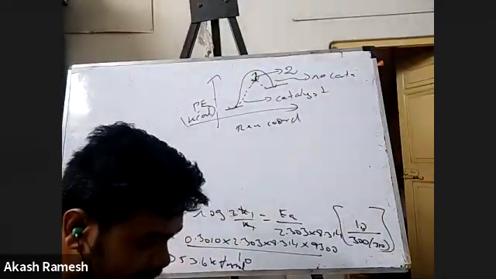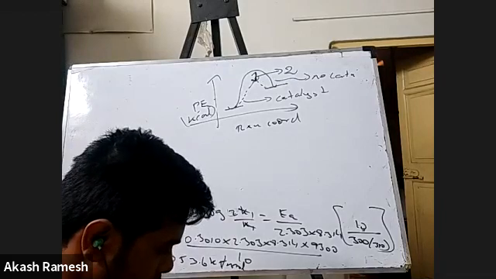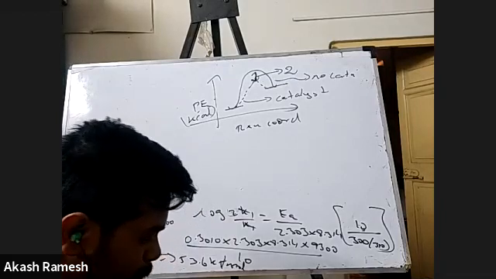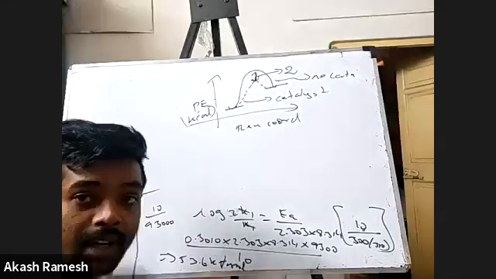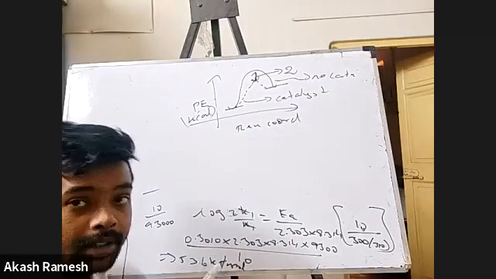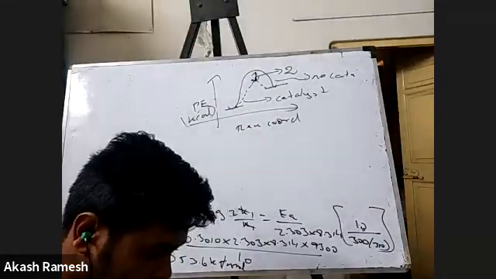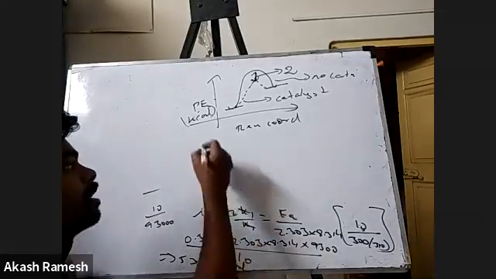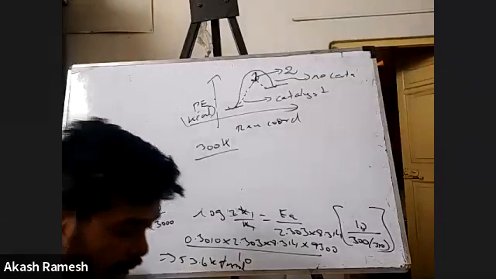Go for it. So again, it's a modification of the Arrhenius equation, but with respect to catalyst. Temperature is given to be 300 Kelvin. This reaction happens at 300 Kelvin.